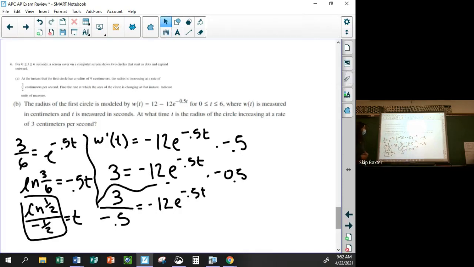What are the units? The units of this are just 2 seconds.